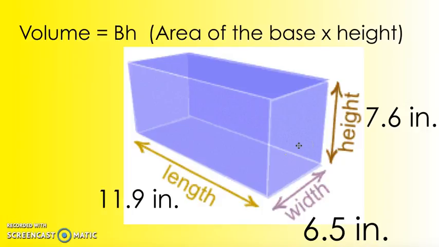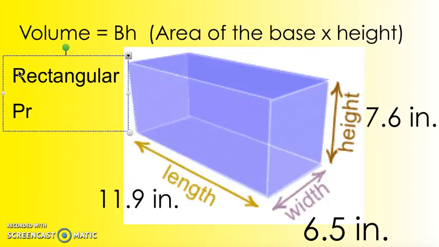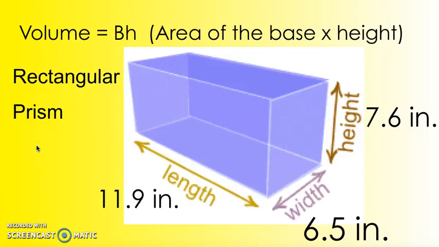And it's called a prism because it has 6 sides and the bases are straight across from each other. They're parallel to each other. They'll never intersect. Okay, and I'll write this down for you, a rectangular prism. We're also going to talk later on about a triangular prism, where the bases are triangles instead of rectangles.